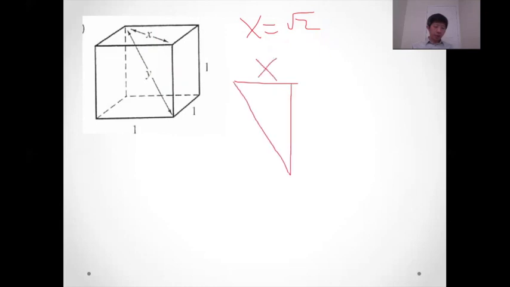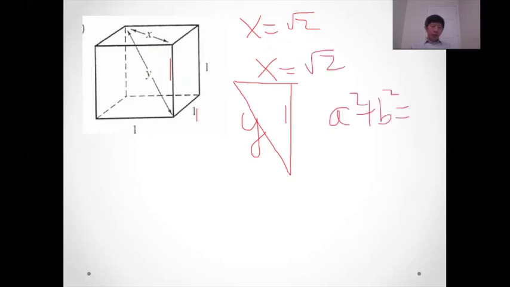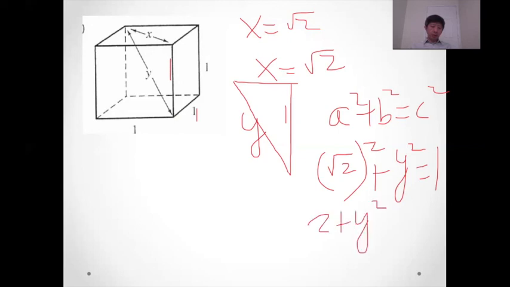This is x, this is y, and since this is 1, this will be 1, okay? All right, so this is square root of 2. A squared plus b squared equals c squared again. All right, square root of 2 squared plus y squared is equal to 1.